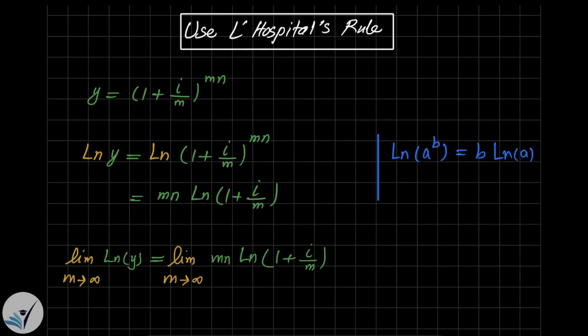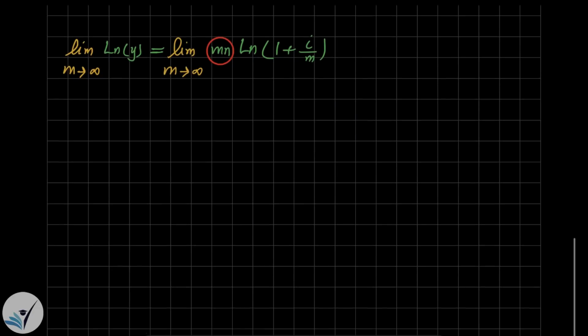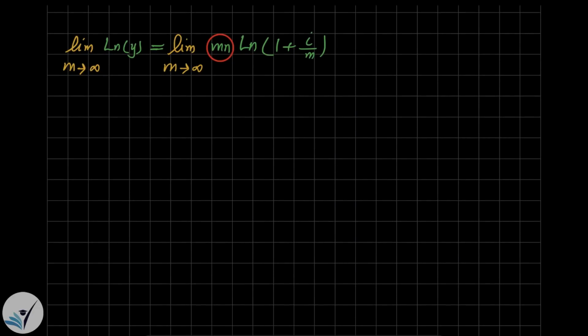Now I'm going to rewrite this expression in such a way that this M N multiplier appears in the denominator. So I'm going to have the limit when M approaches infinity. This is my fraction line.